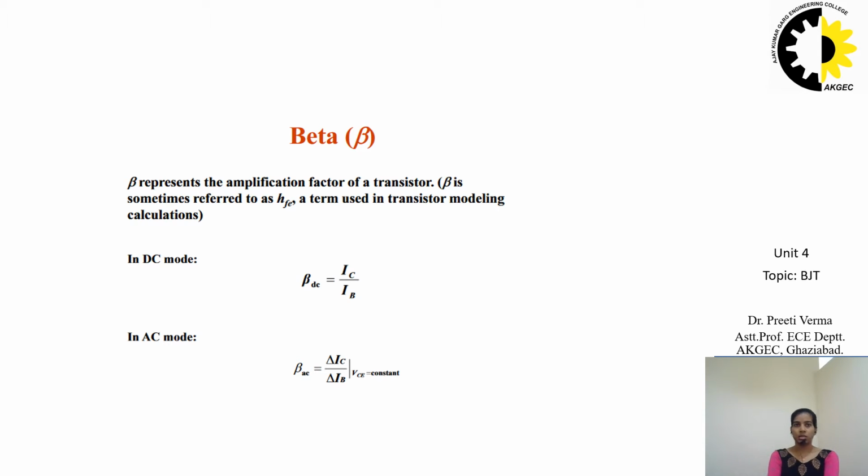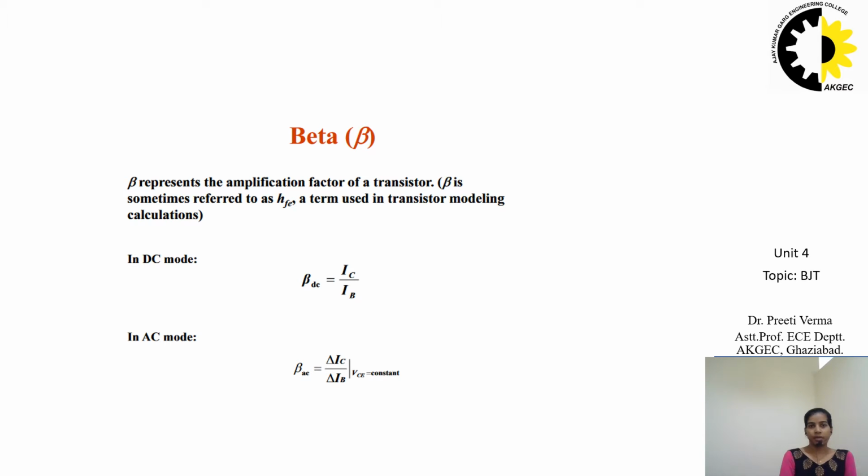In the DC model, the levels of IC and IB are related by a quantity called beta, defined by the equation beta DC equals IC upon IB, where IC and IB are determined at a particular operating point on the characteristics.